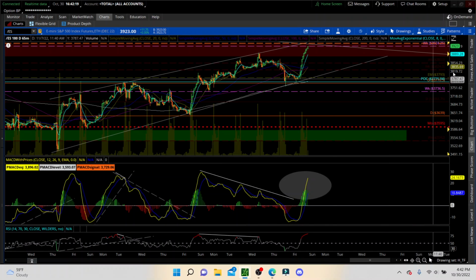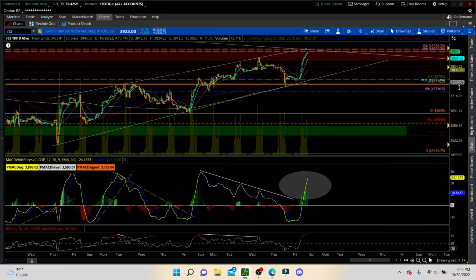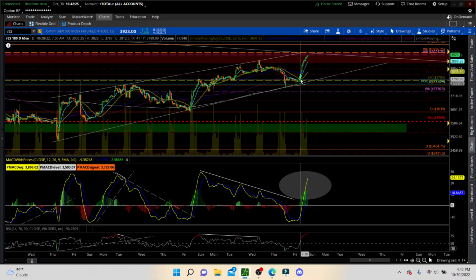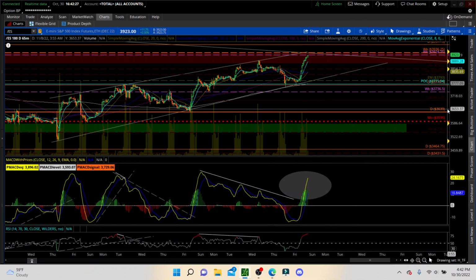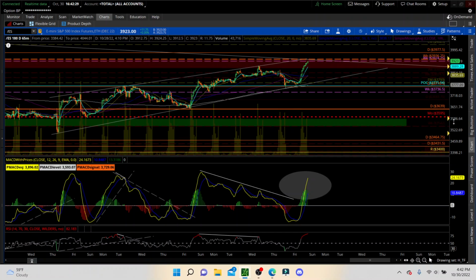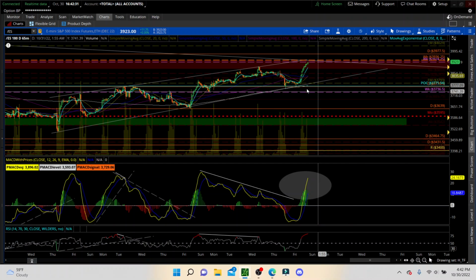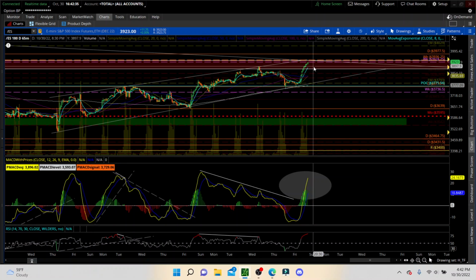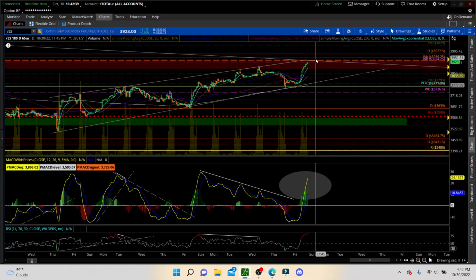So if that's the case here, then I'm not sure that this is actually complete. Let me expand the screen just a little bit more. This might be a 1, 2, 3, and we have a little bit of correction going into Monday, and then one last little pop.